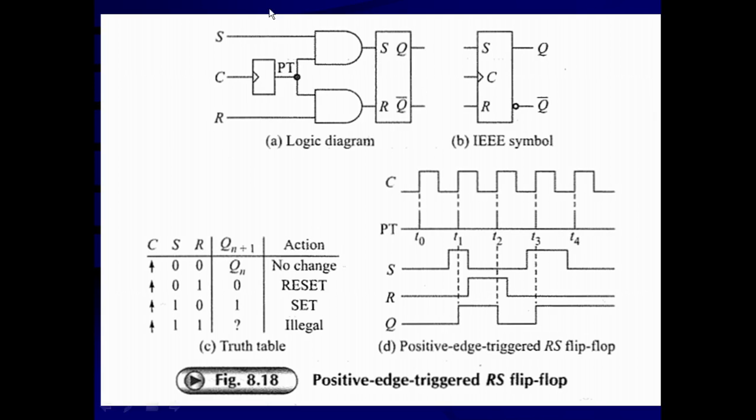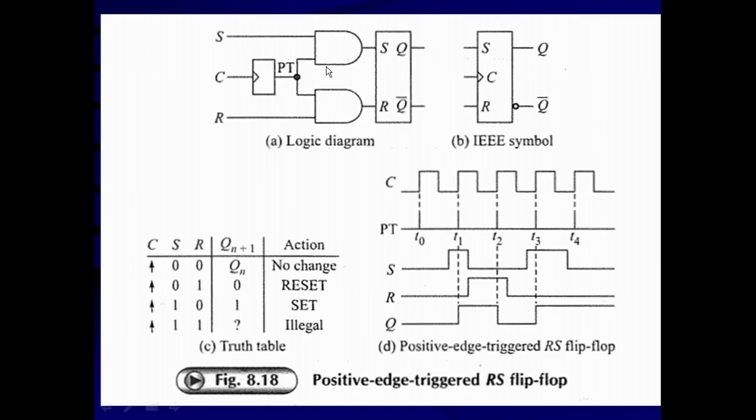You can see that this is the logic circuit diagram of the positive edge triggered RS flip-flop. How is it going to be prepared? This is your basic RS flip-flop, which has S and R as the inputs, and Q and Q bar as the outputs. So this is the logic symbol for a basic RS flip-flop. Prior to that, two AND gates are going to be utilized.